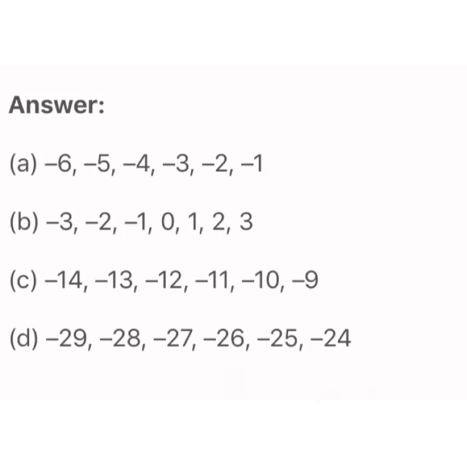So the integers between these two numbers in increasing order are minus 29, minus 28, minus 27, minus 26, minus 25 and minus 24. Children, integers between the pairs you can find easily with the help of the number line.